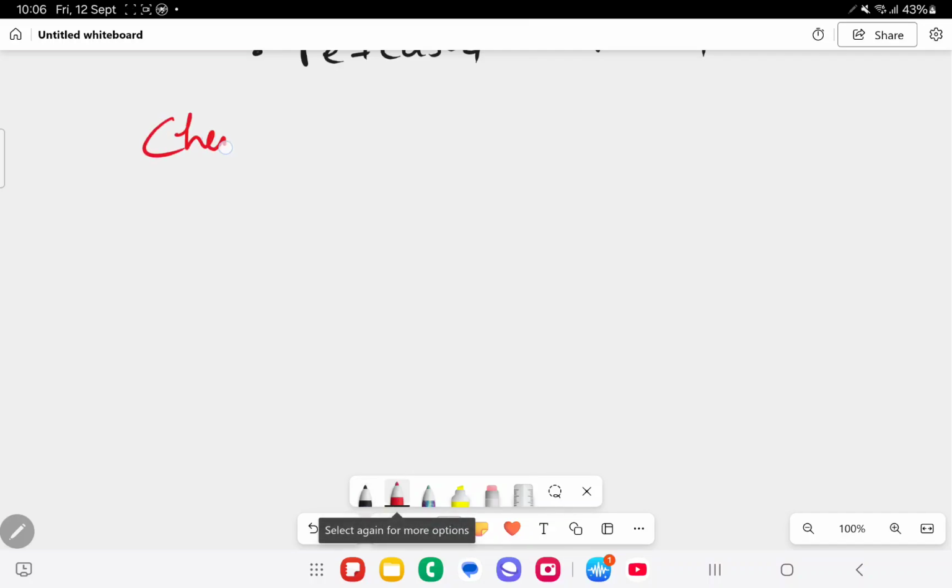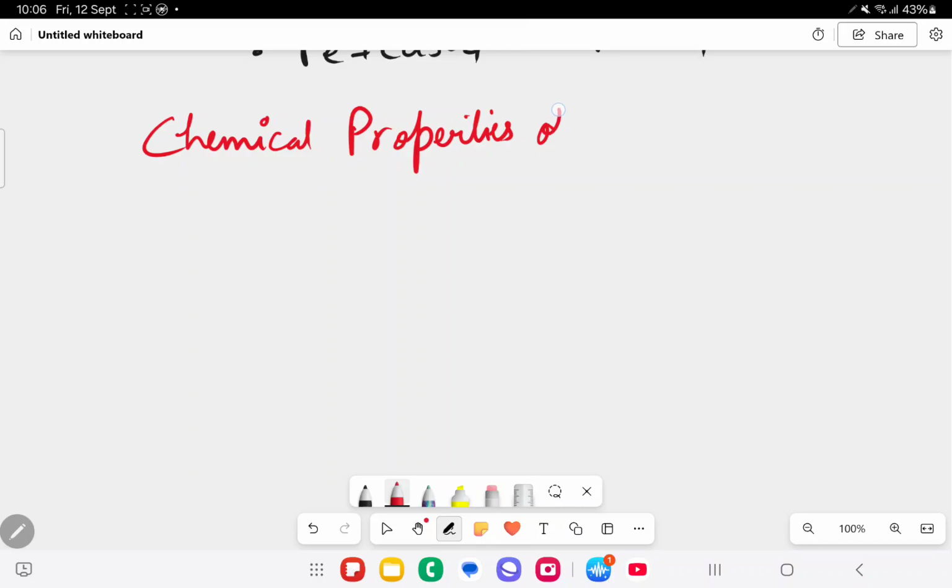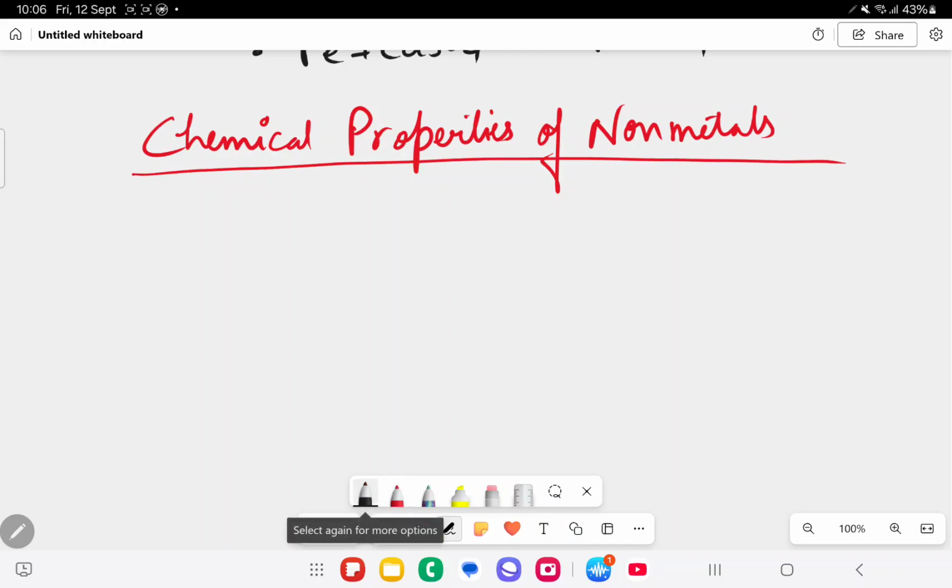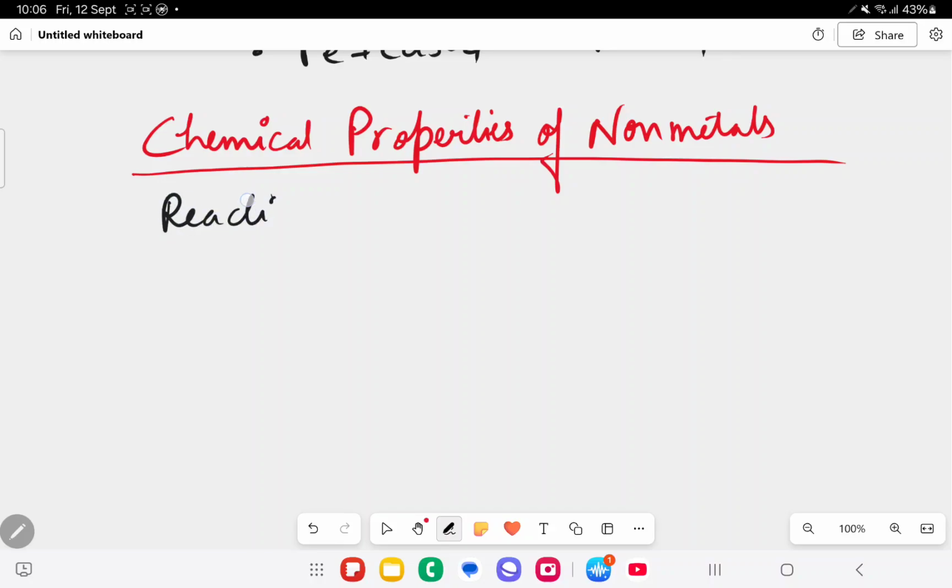Now chemical properties of non-metals. First is reaction with oxygen.